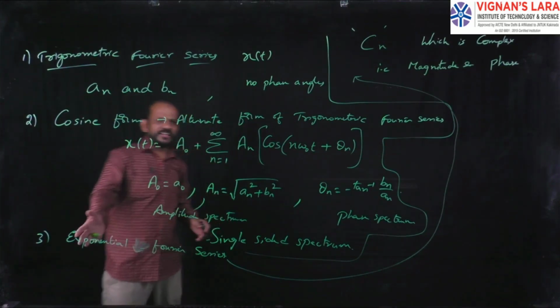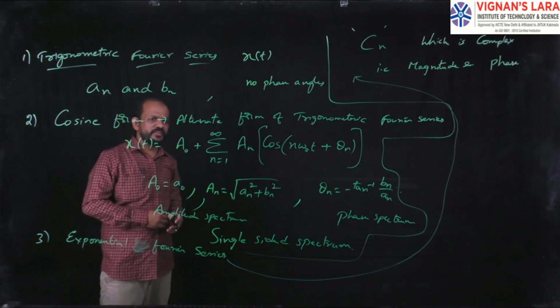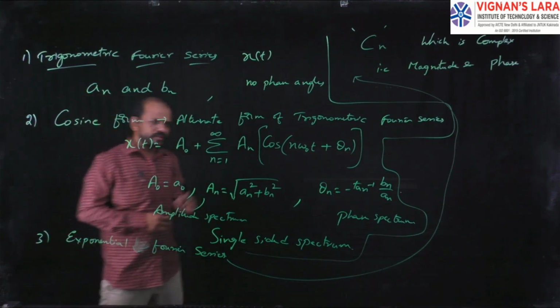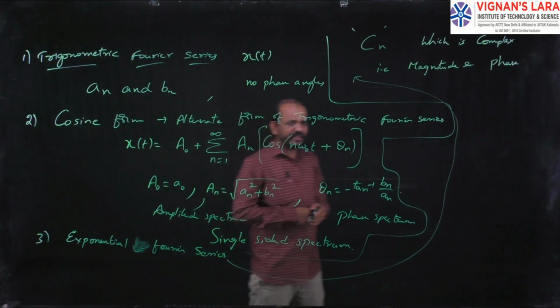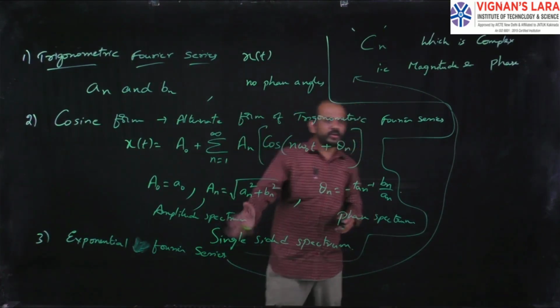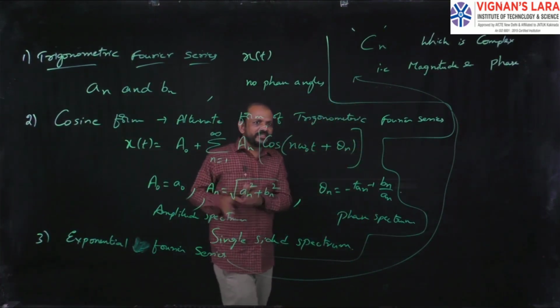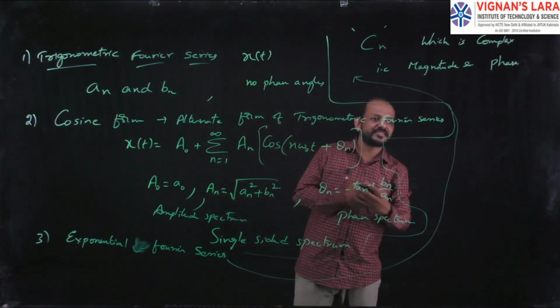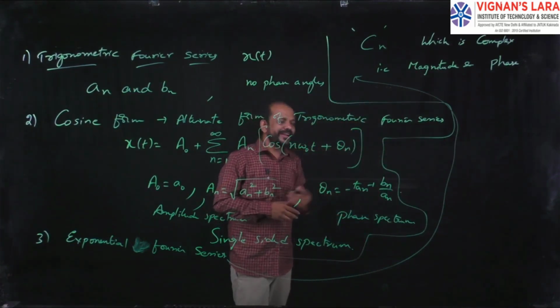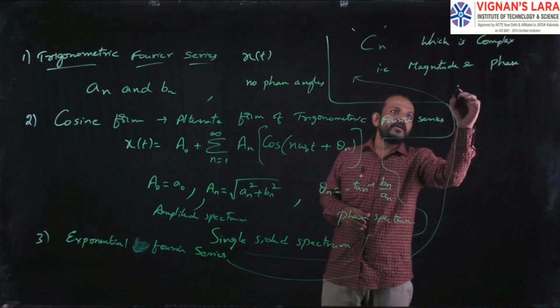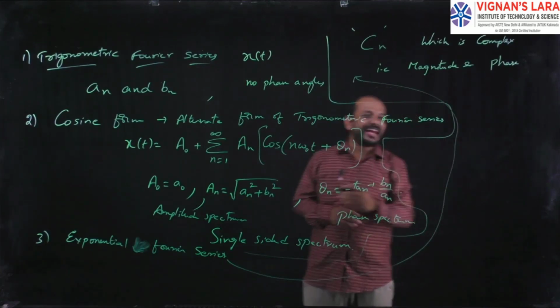Already we all know the exponential Fourier series of a periodic signal x of t. That is simply x of t equal to summation n equal to minus infinity to infinity Cn e power j n omega naught t, where Cn is the Fourier coefficient. That Cn is a complex value, that is, it has both magnitude and phase. Hence, we can draw both magnitude spectra as well as phase spectra.